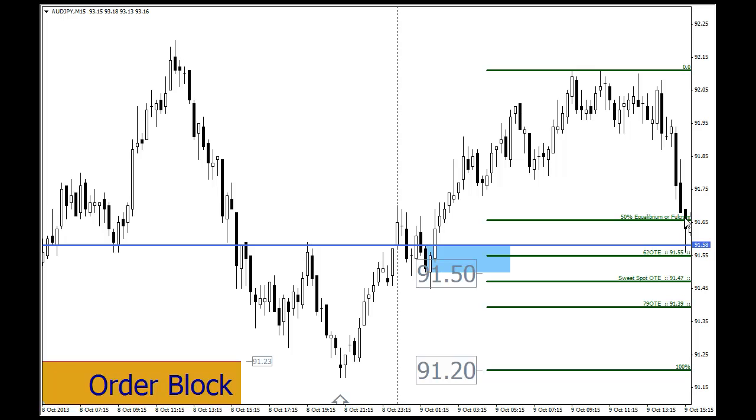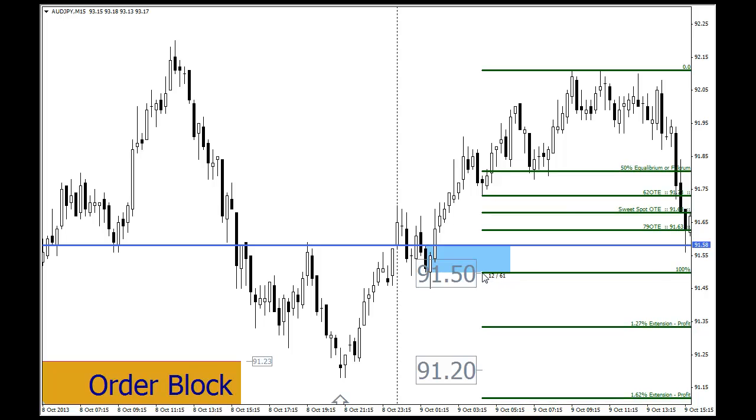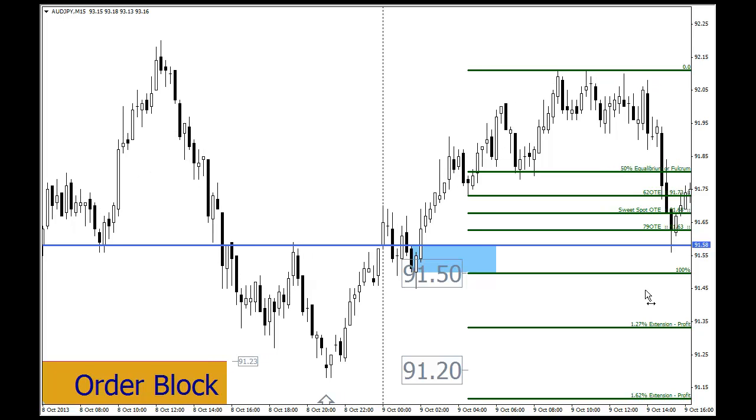So if you're buying with a 4 pip spread on the Aussie yen, you can catch a long in here. If you were utilizing the 91.50 level, they're calling for 91.63 as your 79% retracement level, and your sweet spot comes in at 91.68 in here. So anywhere in here would be a nice buy.